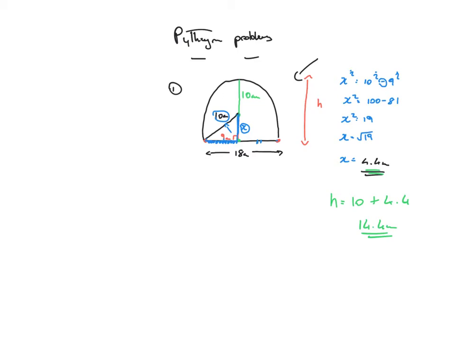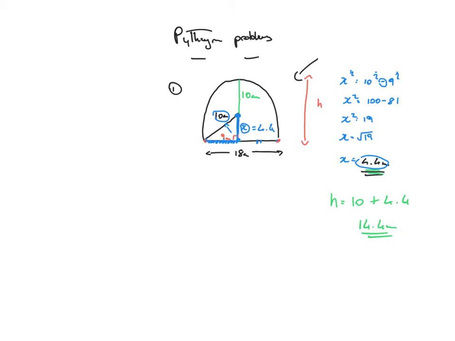X squared equals 10 squared minus 9 squared, that gave me 4.4. So that told me that this bit here, x, was 4.4. I then could see that the radius all the way around the thing was 10 centimetres. So that bit's 10 centimetres. And then I add on the 4.4 will give me 14.4 centimetres for the height, final answer.